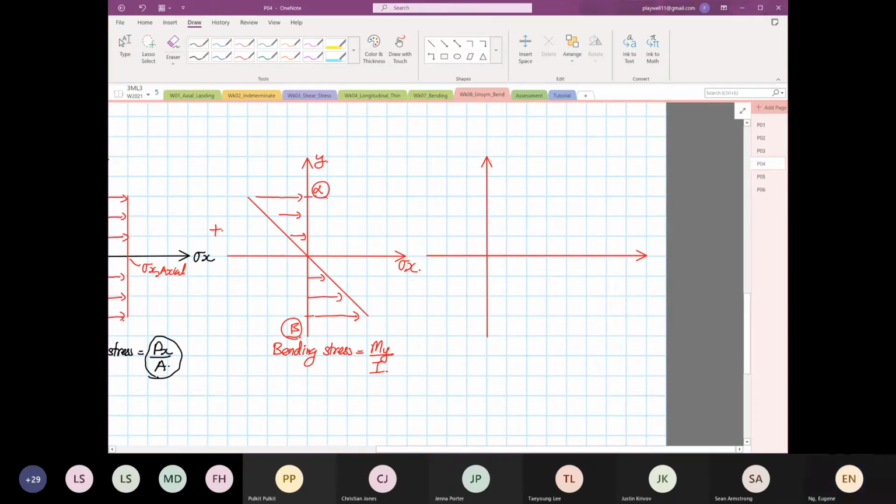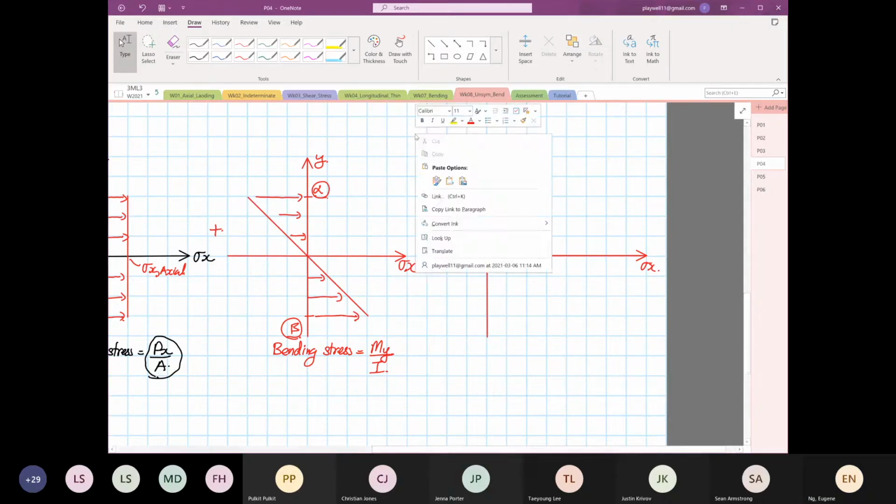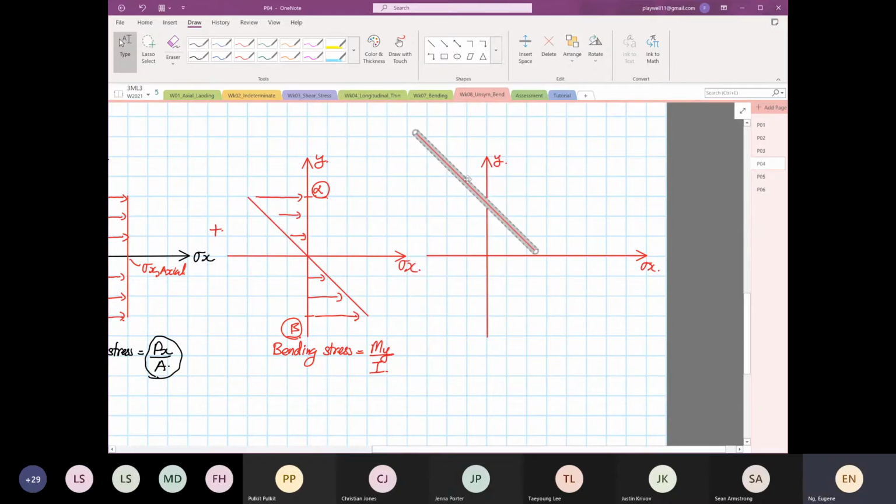Okay, so this is Y, this is stress X. The slope will not change. But because you add both of them towards the right, there will be a shift, right? There'll be a shift.